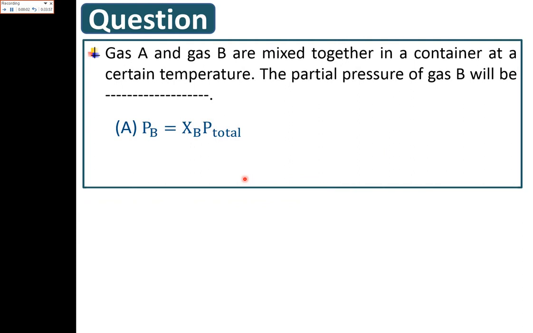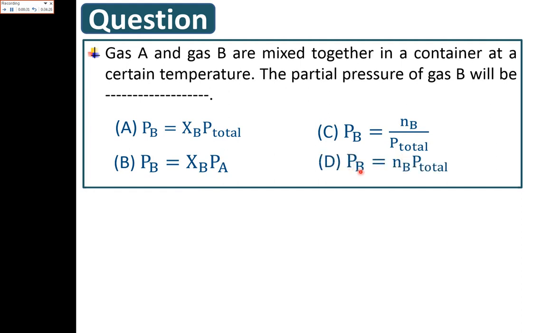Gas A and gas B are mixed together in a container at a certain temperature. The partial pressure of gas B will be which one? XB times P total, or XB times the partial pressure of A, or NB over P total, or NB times P total.